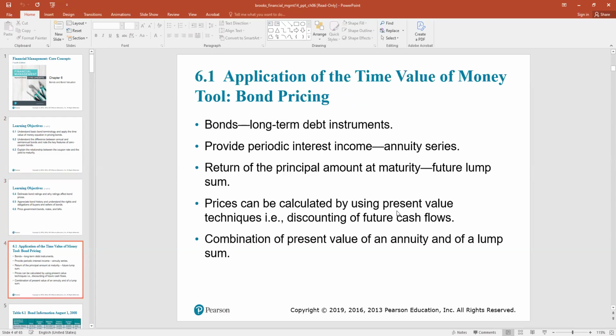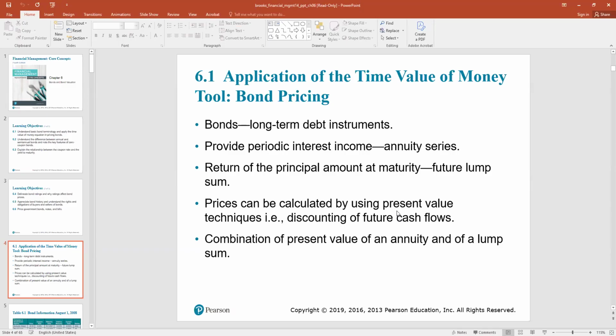So basically, we have mentioned several times in the class that bonds are financial instruments, debt instruments more specifically, that help us to finance certain projects. Bonds are long-term debt instruments. So they provide periodic interest income, an annuity series. There should be a reason why potential investors should prefer to buy these bonds.